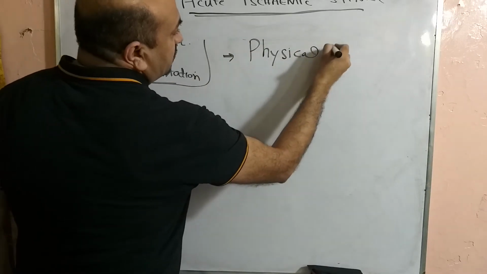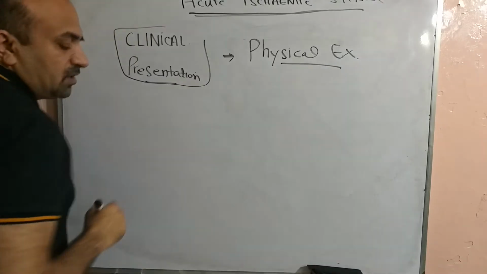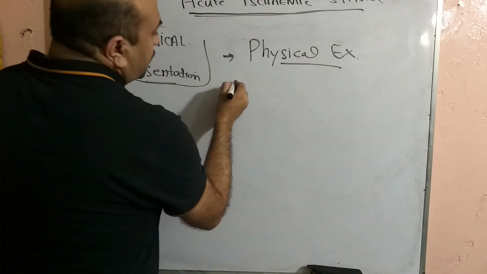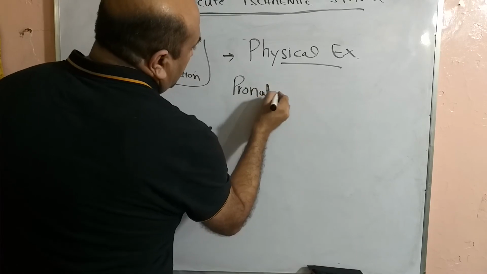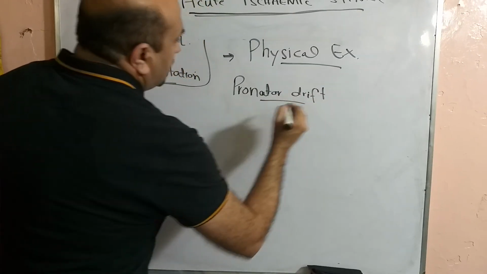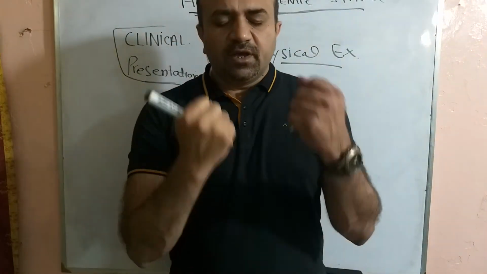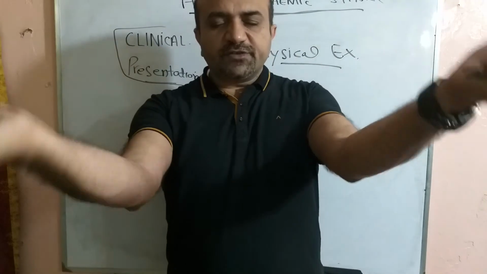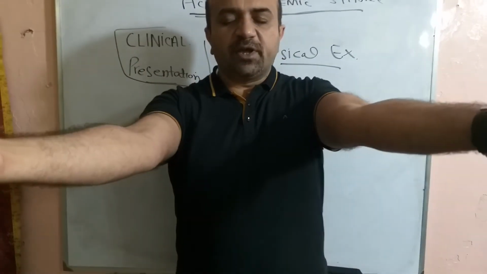In physical examination, we do the pronator drift. In the pronator drift, we ask the patient to close the eyes and outstretch both arms, and then just keep them like this.